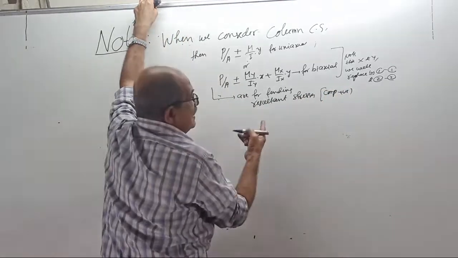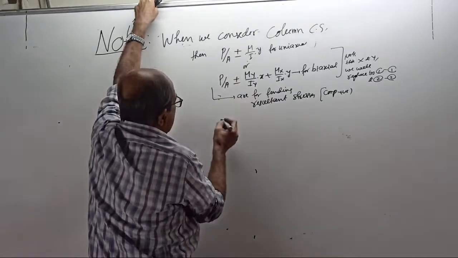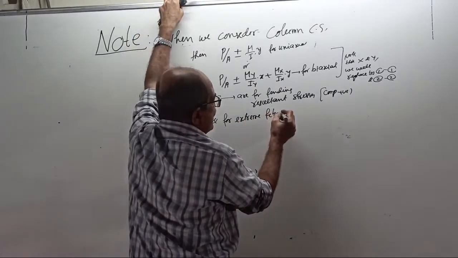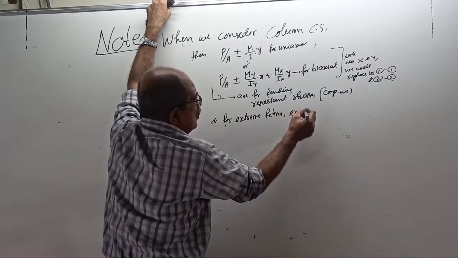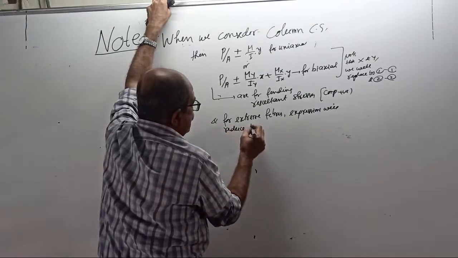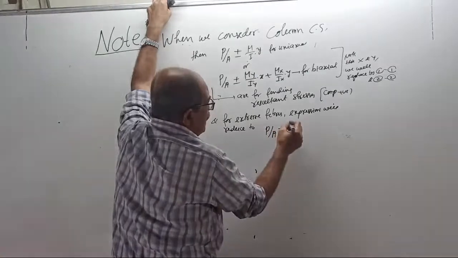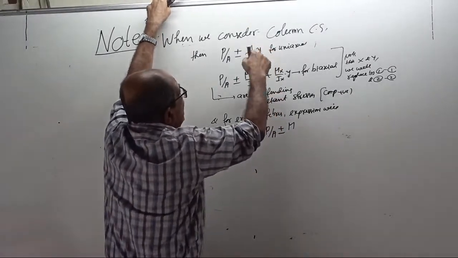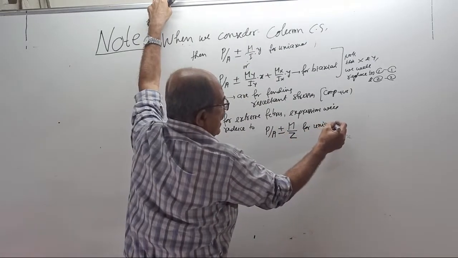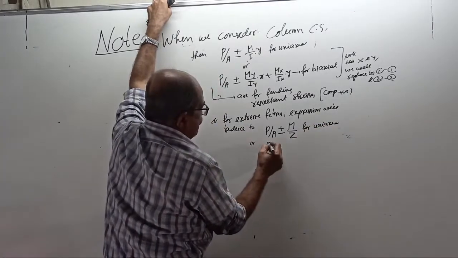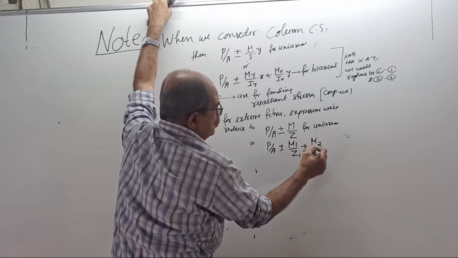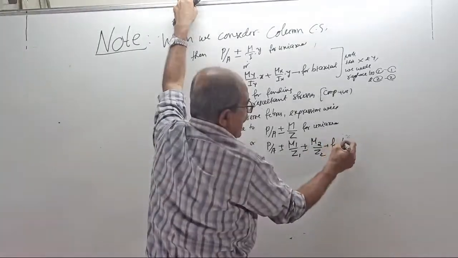Now, for extreme fibers, the expressions reduce to P by A plus or minus M by I into Y, where I by Y is Z, so M by Z for uniaxial, and P by A plus or minus M1 by Z1 plus or minus M2 by Z2 for biaxial.